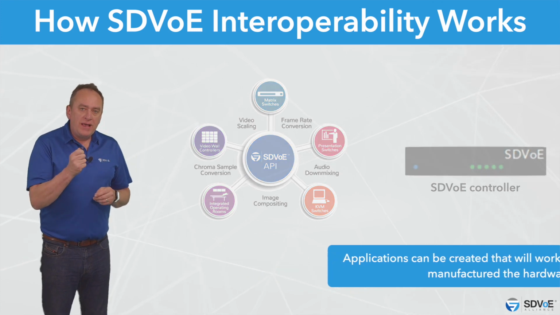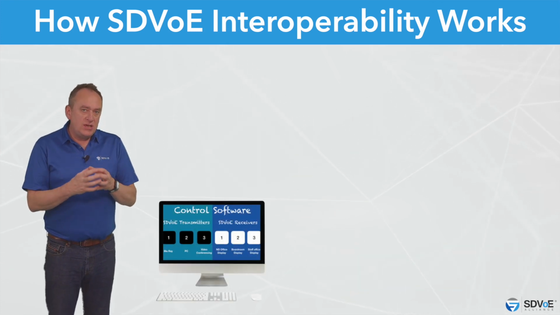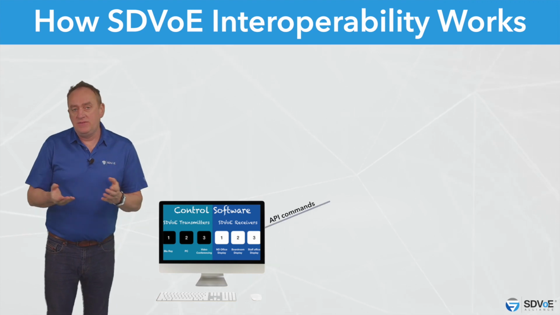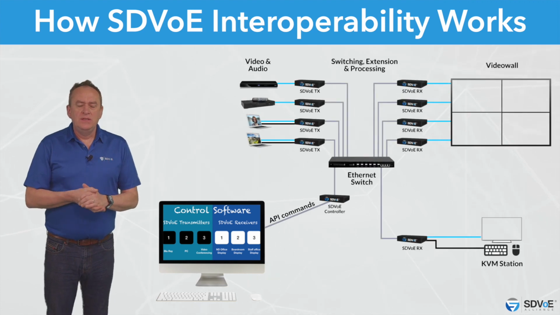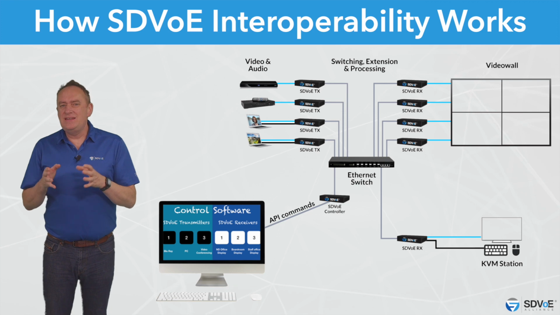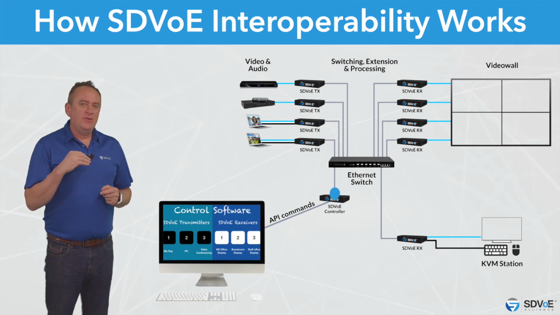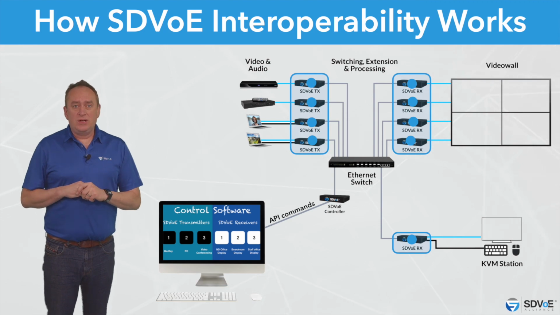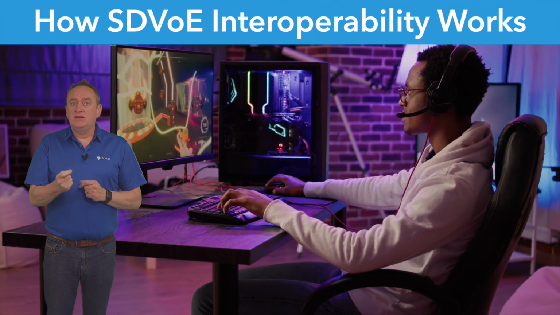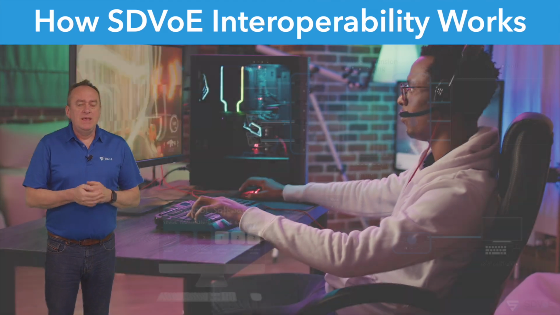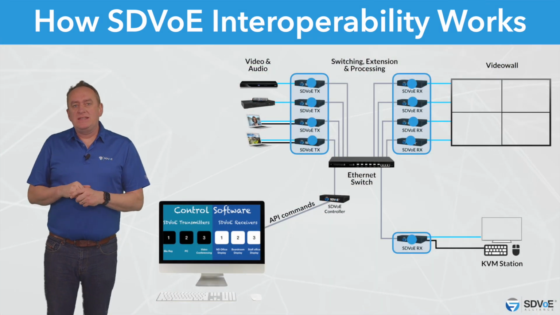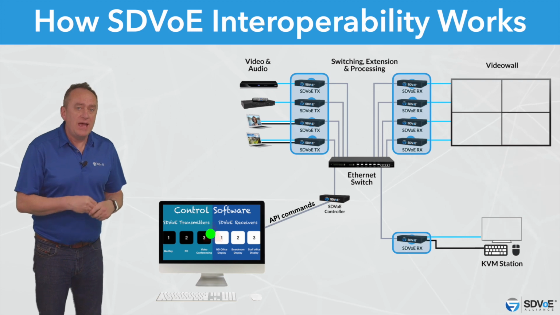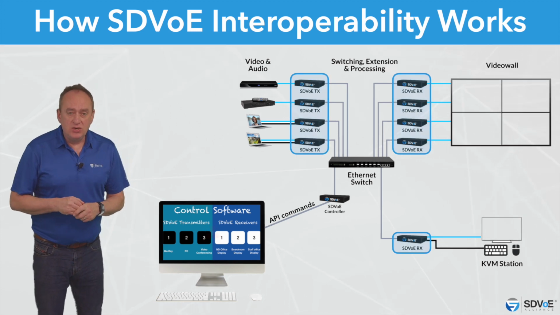Now, the software application translates user inputs into API commands for the SDVoE controller. The SDVoE controller then distributes instructions on how each of the SDVoE endpoints in the system work so that the user's desires are fulfilled. Endpoints may reply to the SDVoE controller with their status, and the controller updates the application, which can then alert the user.